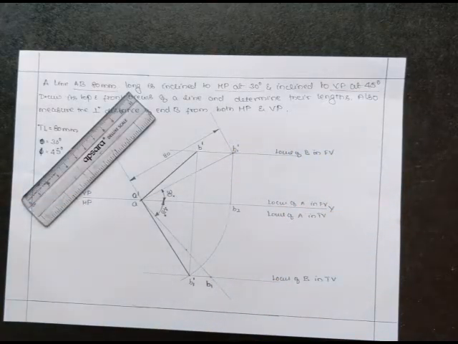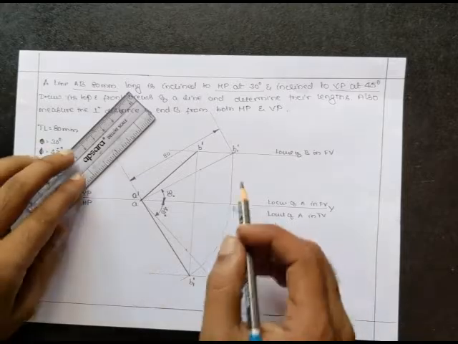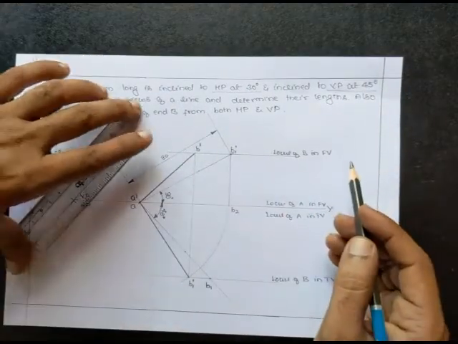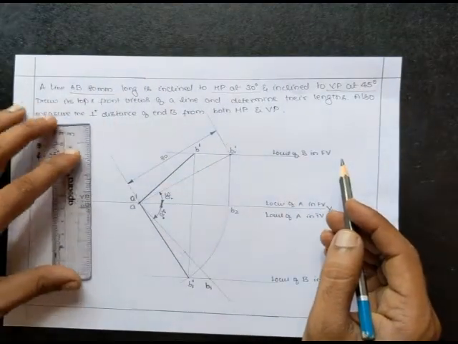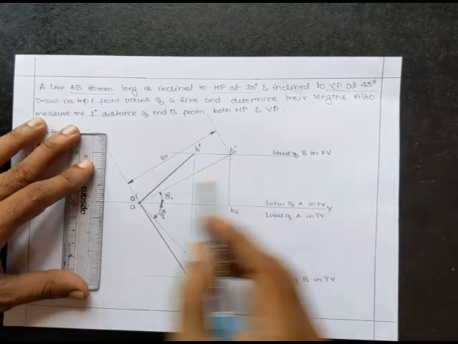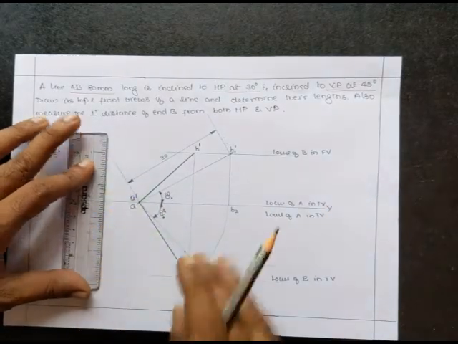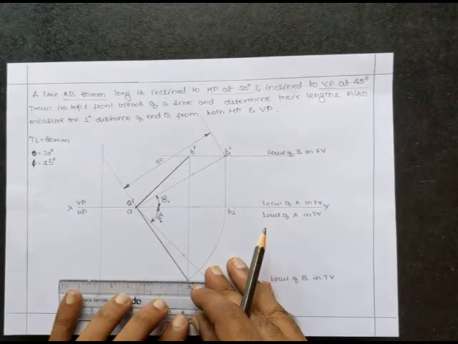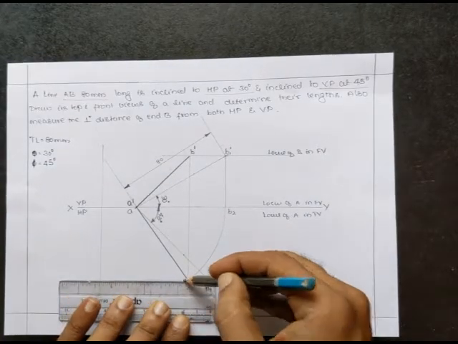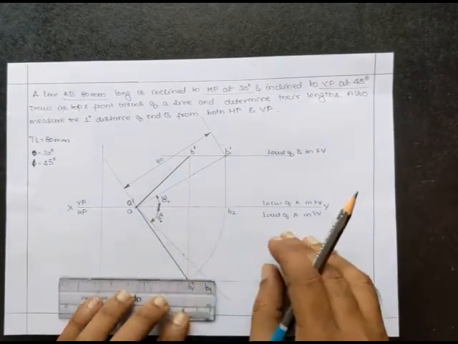So what is said in the problem is to measure the perpendicular distances of end B from both HP as well as VP. So for that purpose, let me construct a vertical line and let me parallelly expand the locus of B and let me dimension it later.